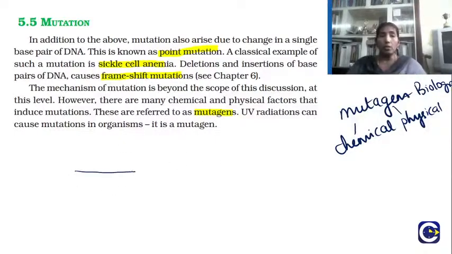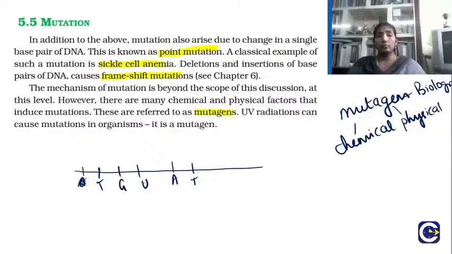Now you see that there is going to be a sequence here, say A, T, G. So this is the usual sequence. Suppose there is an issue at only one point, a mutation arising in one pair of that particular chromosome.